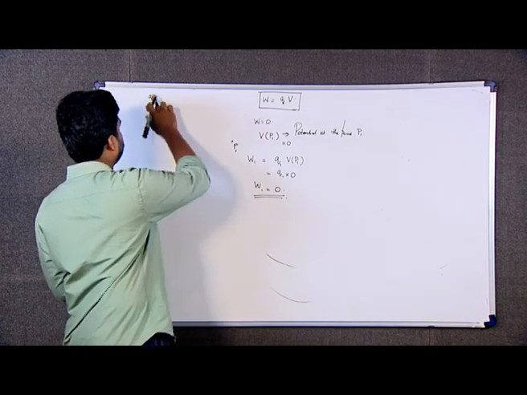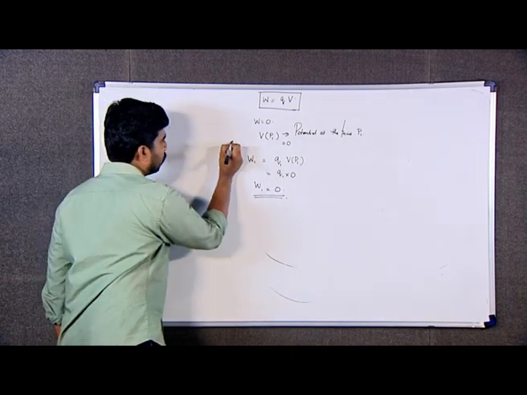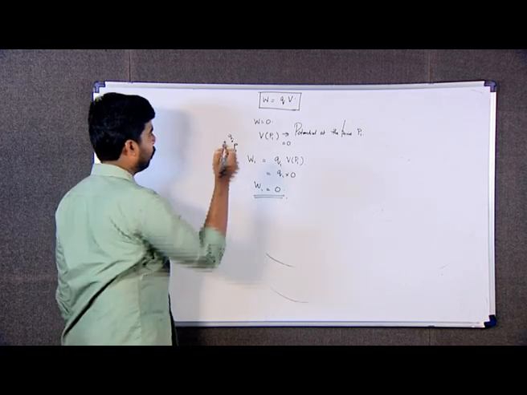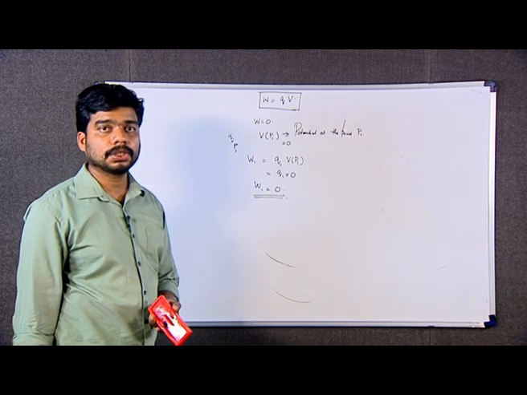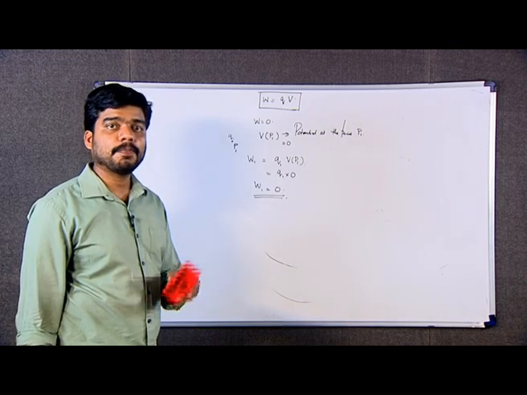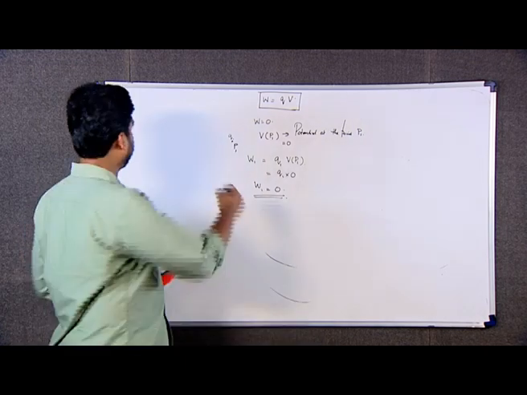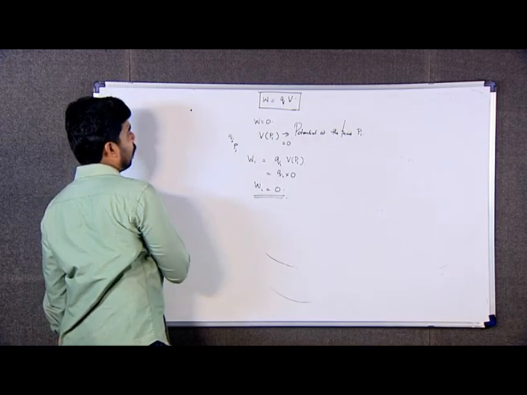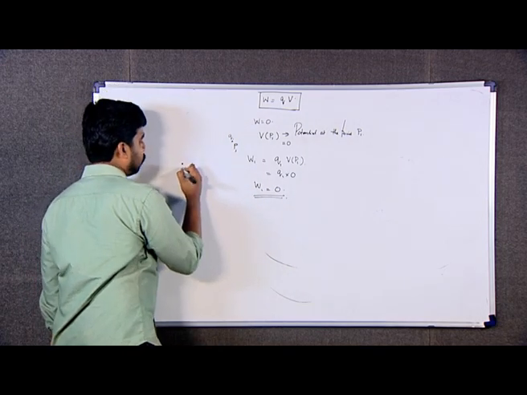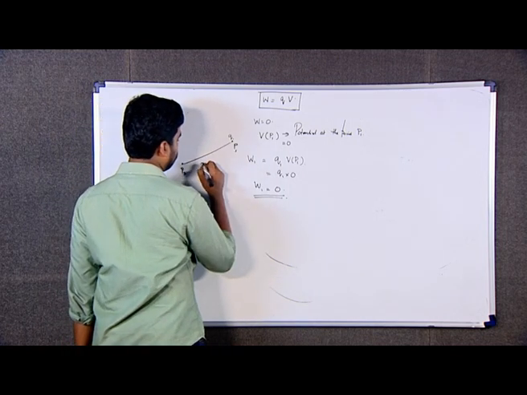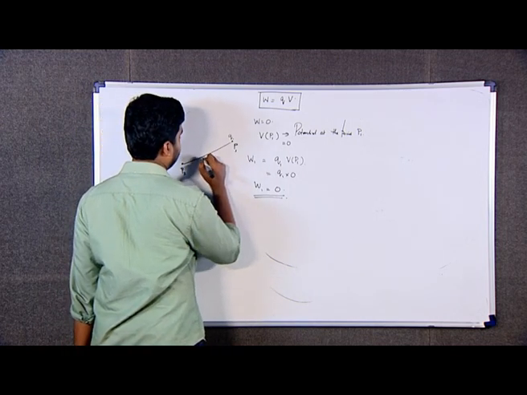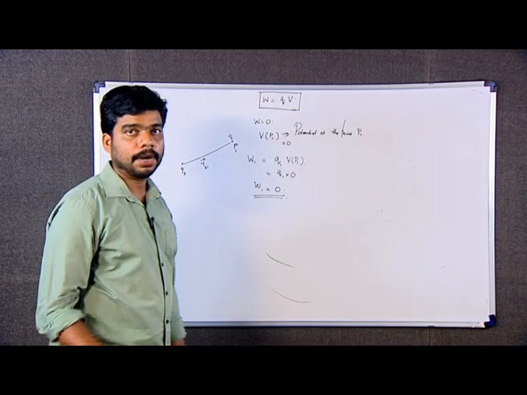Now, I took this Q1 and I am keeping this charge Q1 at the point P1. Now, I want to set another charge at the point P2 here. So, what is the position vector? I will represent the position vector as R21, the vector R21.